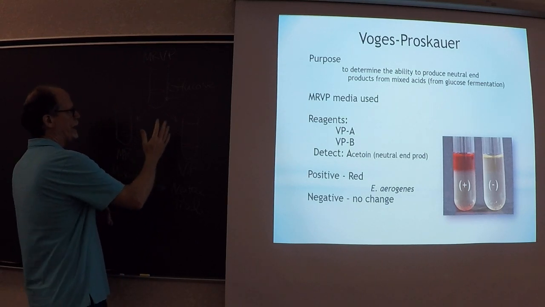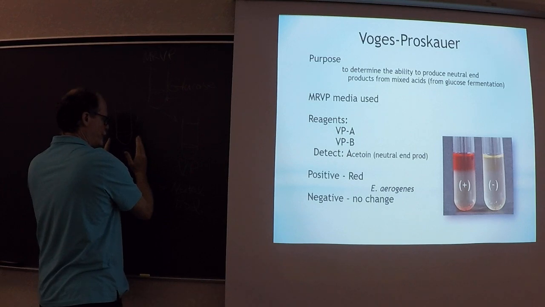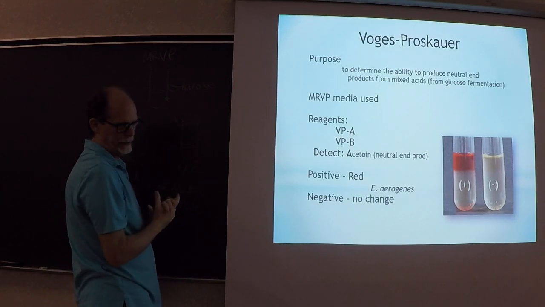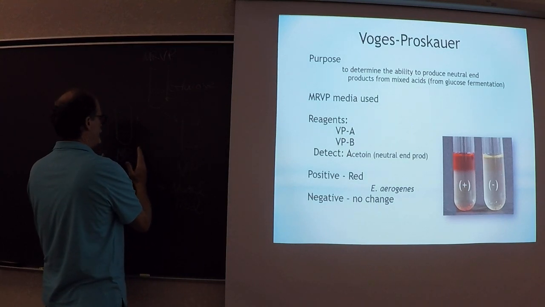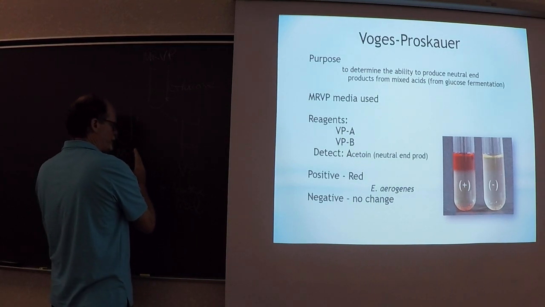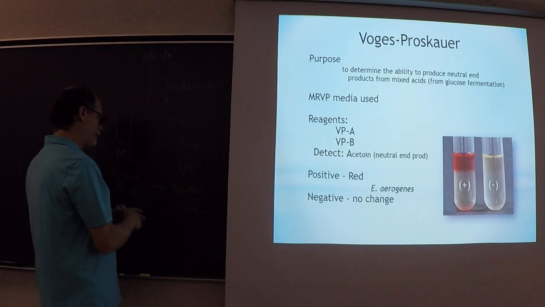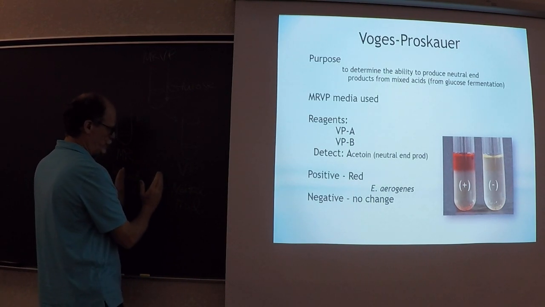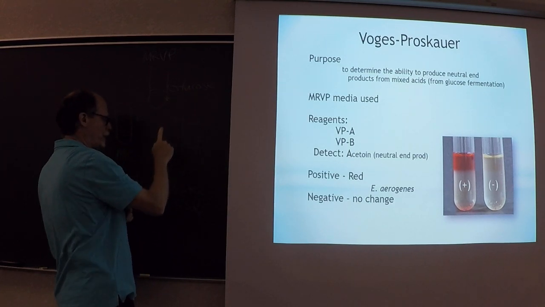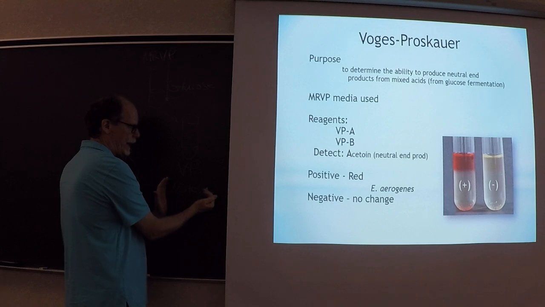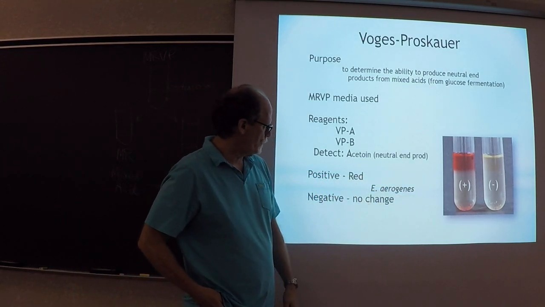So if they don't ferment glucose, this test will be negative and this test will be negative. If they fermented glucose just to mixed acids, then only this test is positive, this test is negative. If they converted the mixed acids to neutral products, then they fermented glucose and they eventually became neutral end products, and this test is positive.